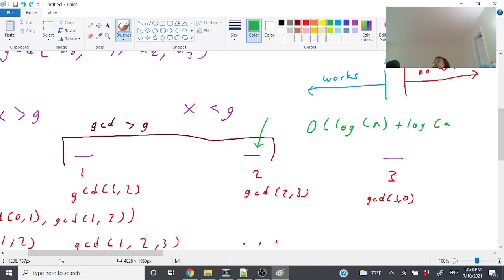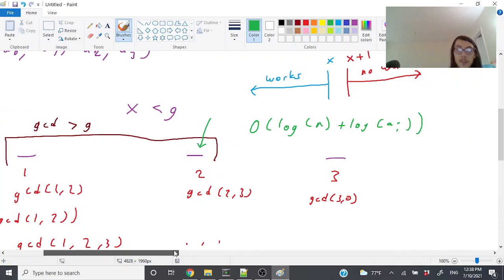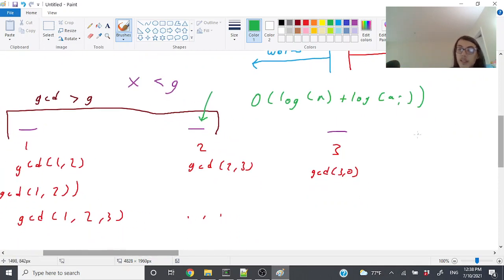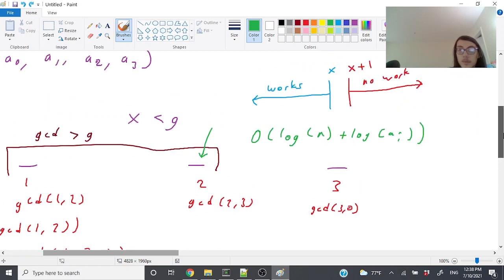If implemented poorly, it could be log squared, which is bad because we already have a binary search, meaning it's going to be log cubed. Anyway, I think a segment tree is log n plus log Ai by some magic, because the GCD decreases every time, and because it decreases by a factor of at least 2, it can only decrease at most log times. And an iteration of the GCD algorithm will decrease it. So everything works out there.